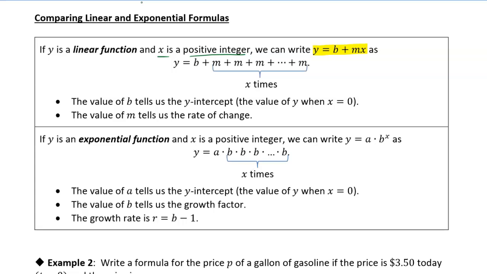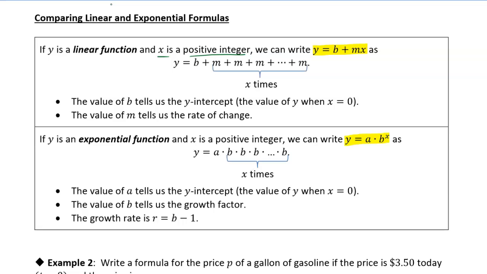For an exponential function, the general form is a times b to the x, right? So we're taking a and multiplying it times b, and then b again, and b again, and b again, x times. So that's what an exponent means. You're taking a number and multiplying it times itself over and over again, right?